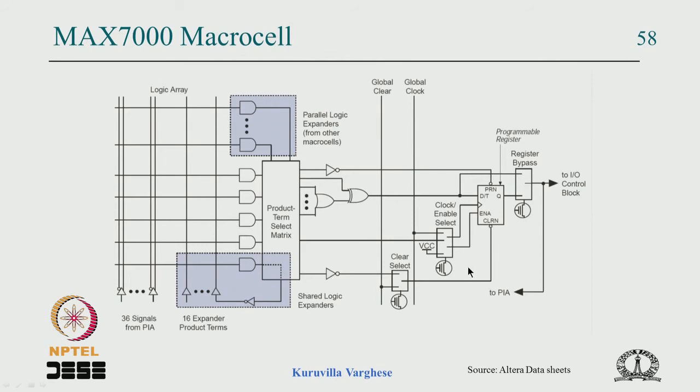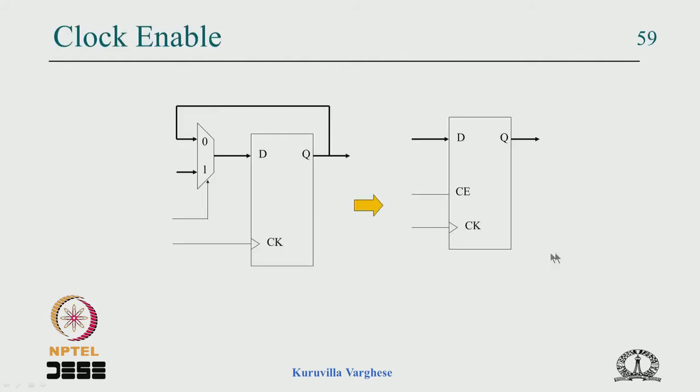And what we are left with is the clock and the clock enable. The clock enable is nothing but a recirculating mux with the select line as enable. So maybe I can show that. We have learned that when you want to control a register, you can put a 2 to 1 mux, and if that condition is satisfied, this input goes there, and otherwise it retains its value.